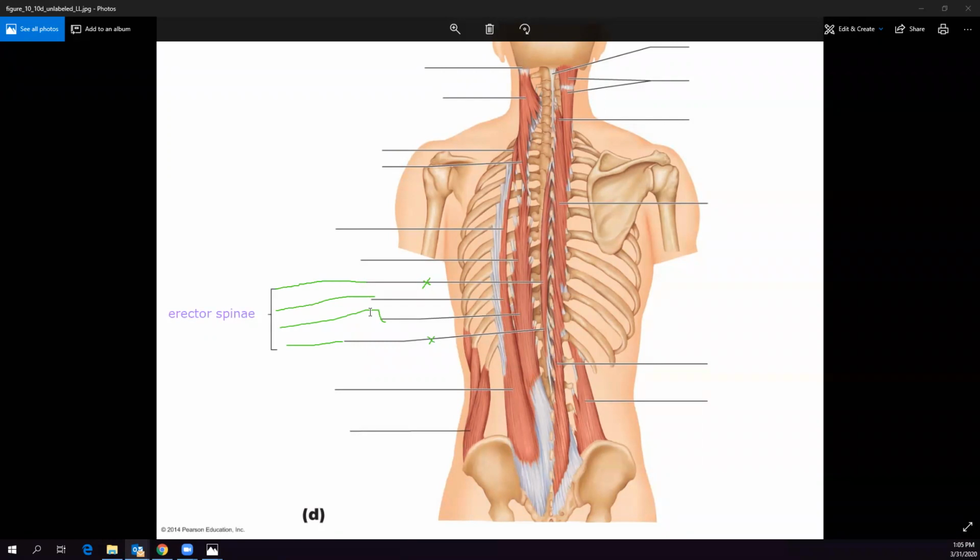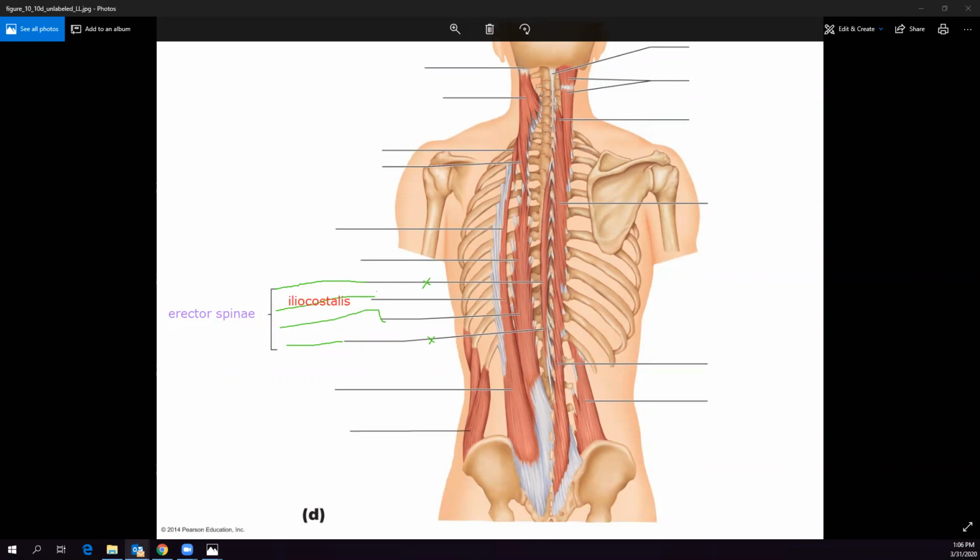Now we want to take a look at what the 4 are. I'm going to change colors for each one of those. The first one on your list is the iliocostalis. I'll do this red. So this one right here is the iliocostalis, and it goes to there.